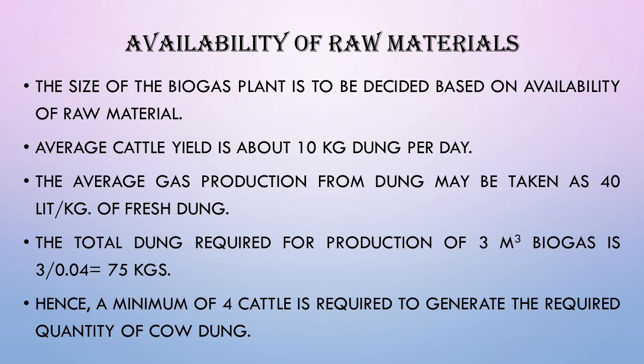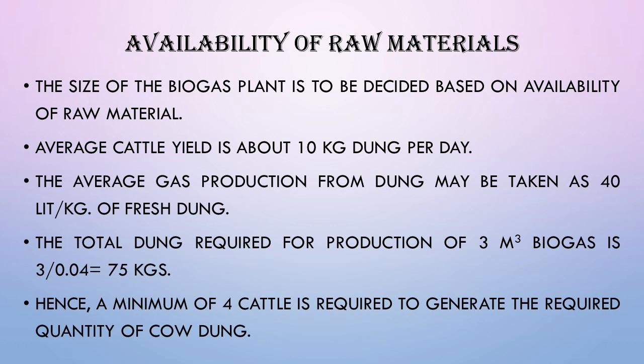Availability of raw materials. The size of the biogas plant is to be decided based on the availability of raw material. It is generally said that average cattle yield is about 10 kg dung per day. For example, the average gas production from dung may be taken as 40 liters per kilogram of fresh dung.